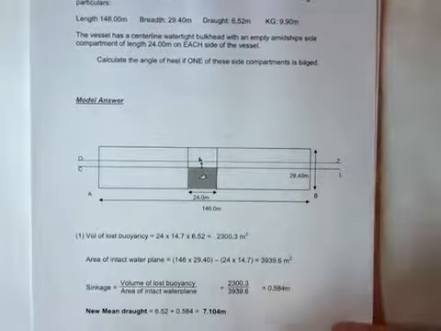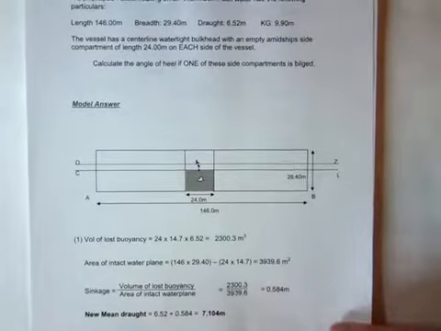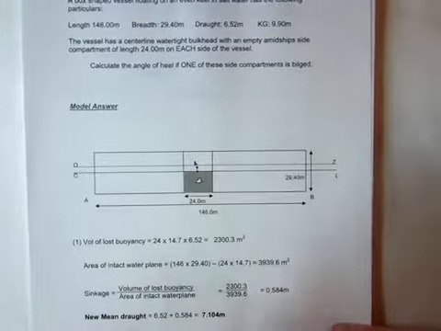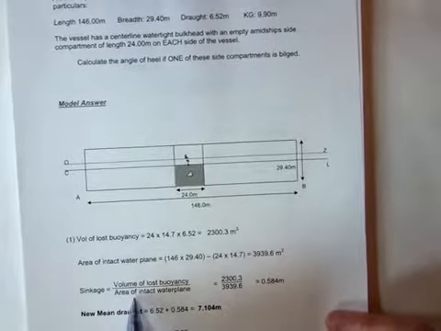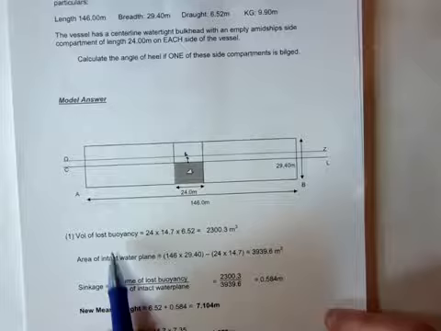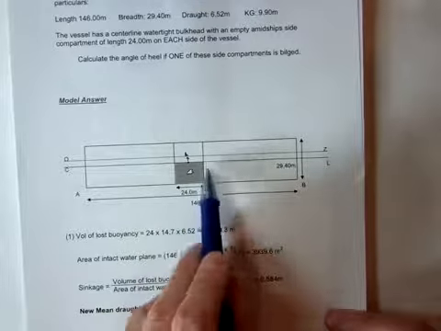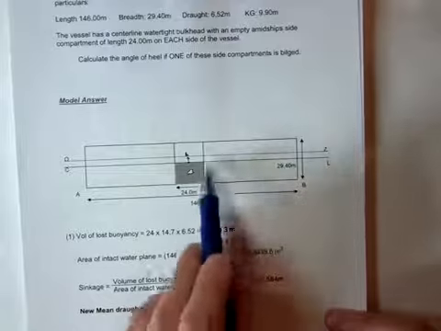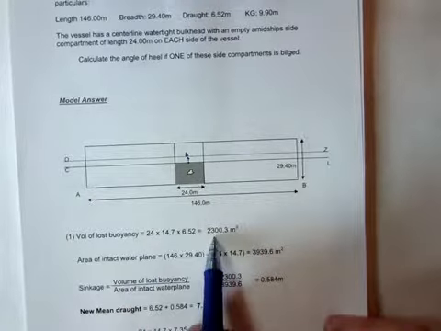So as always with these bilging problems, you should always work out the new mean draft. Every time, it doesn't matter where you bilge, let's get the new mean draft, which is the volume of lost buoyancy over the area of intact water plane. Well, the volume of lost buoyancy is 24 times 14.7, which is half of 29.4, times the 6.52, which is the draft, and there's our volume of lost buoyancy.